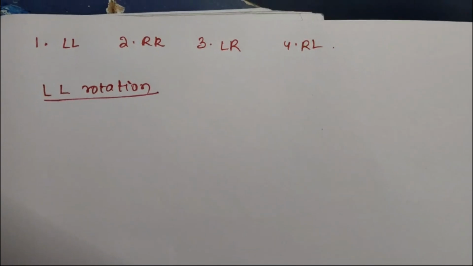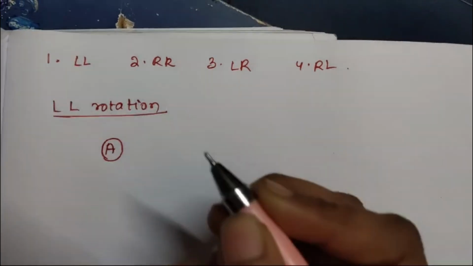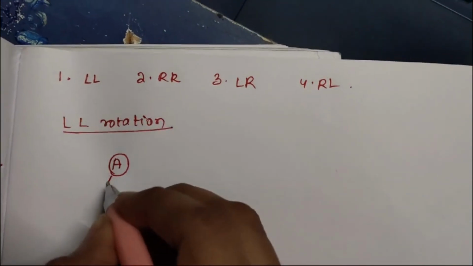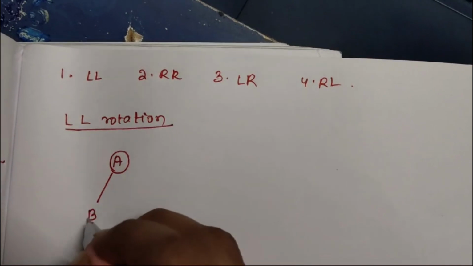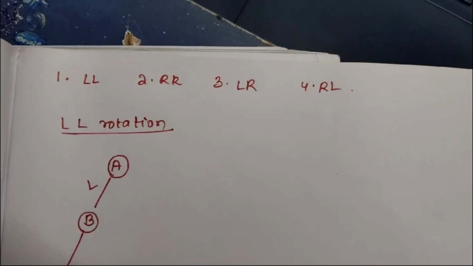LL rotation, right? How will you consider this? Take a root node, let us consider A. So L, left side. L. Let's see the balancing factors of this.